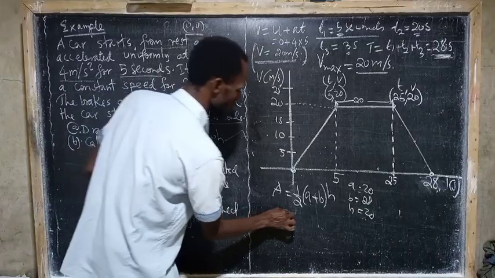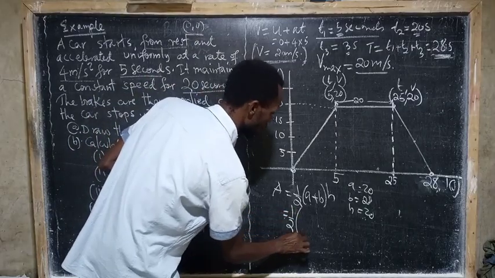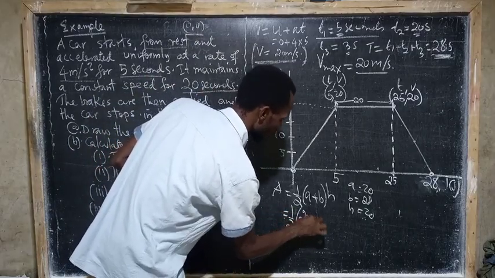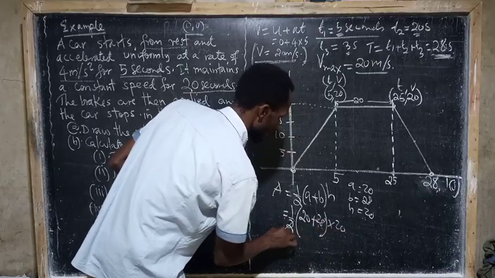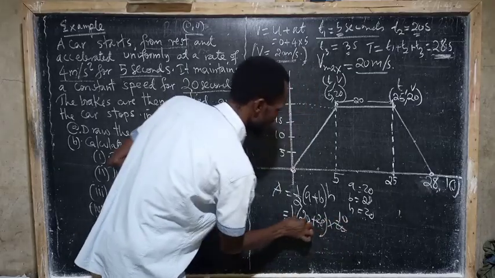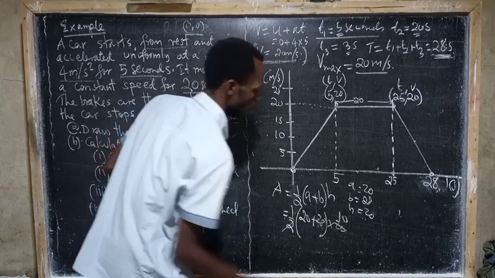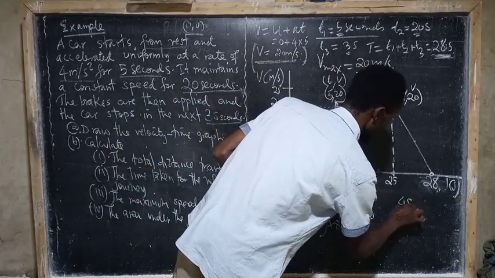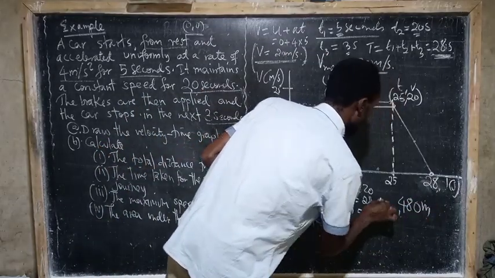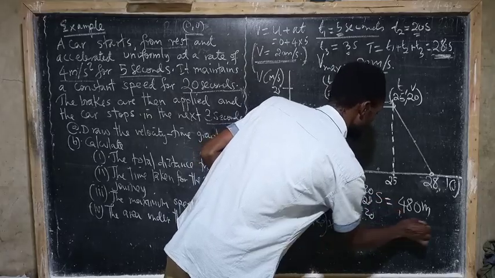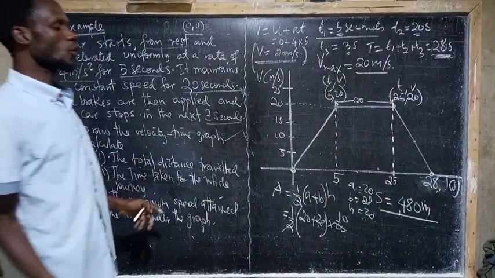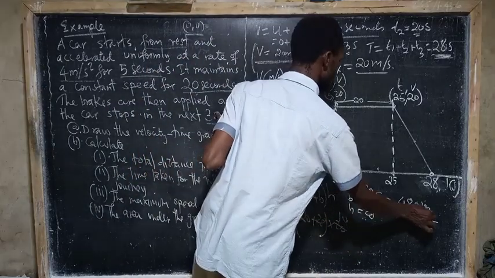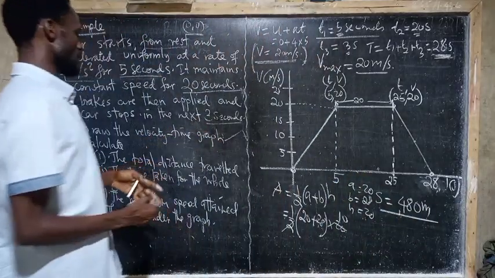Therefore, we start substituting: a half times 20 plus 28, times 20. Mathematically, this is 10 times 48, which is equal to 480 meters. Now the total distance traveled is equal to 480 meters.